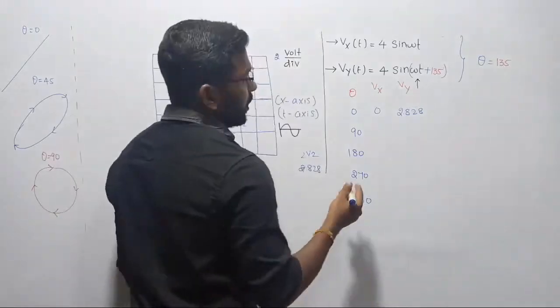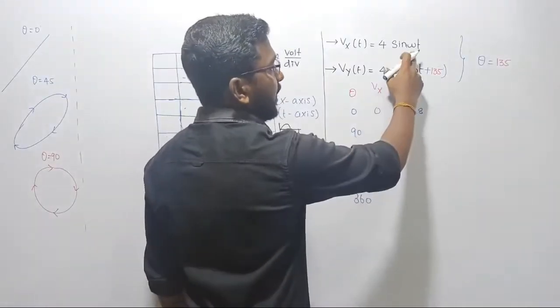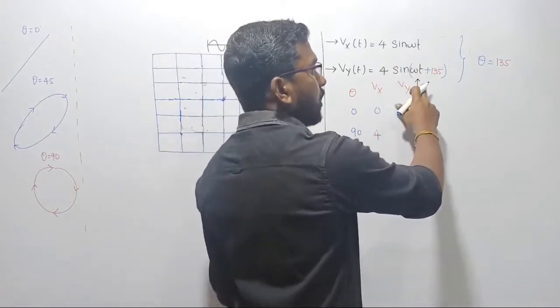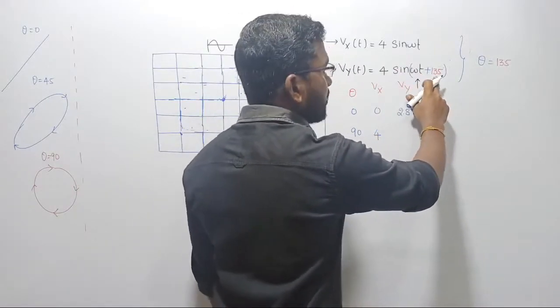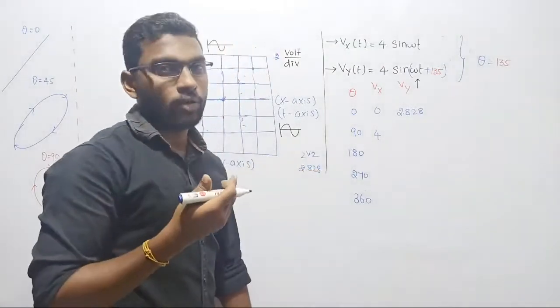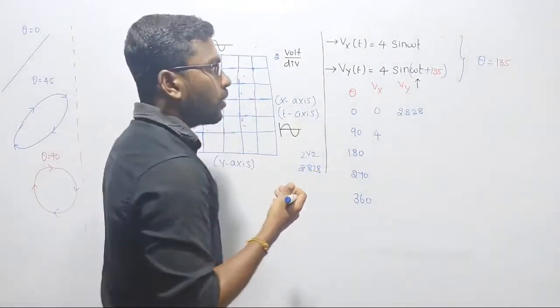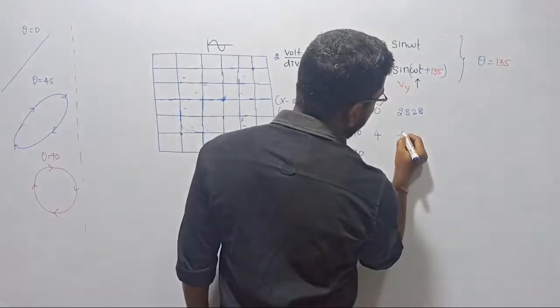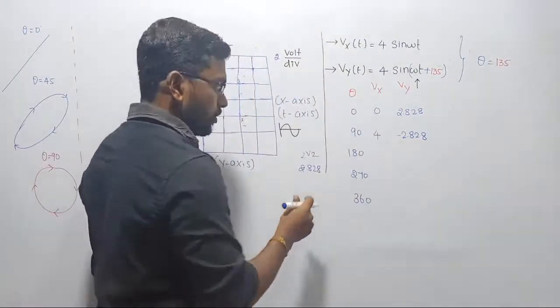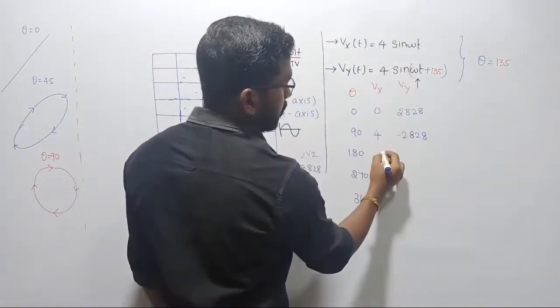Fine, let us continue. At theta equal to 90, sin 90 is 1, so 1 into 4 becomes 4. What about here? 90 plus 135 is 225, right? What is the value of sin 225? Minus 1 by root 2. Minus 1 by root 2 into 4 becomes minus 2.828. Next, at 180, sin 180 is 0.